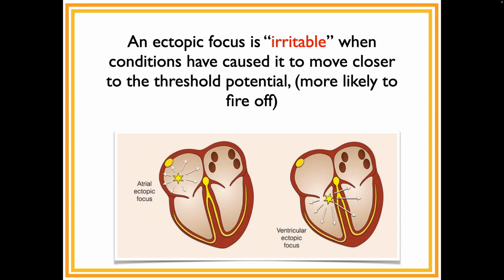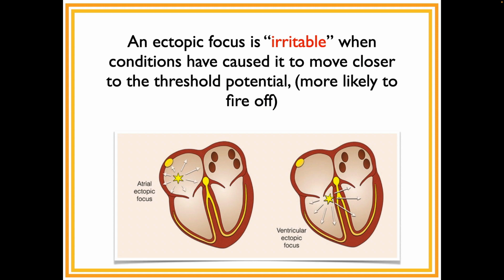Okay. So now, here's where it does get a little bad. You need to know what an ectopic focus is because we'll be using it all the time. The other term that you'll need to know is irritable, and that is a formal term. That's not one I made up. For example, here we have an ectopic focus. Why is this ectopic? Well, it's in the atria outside of the SA node, so that's misplaced.